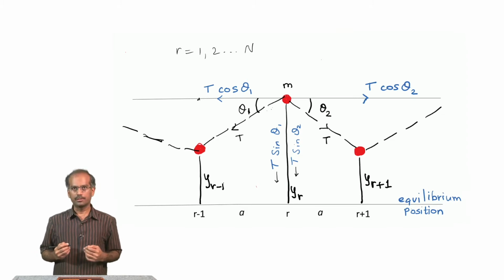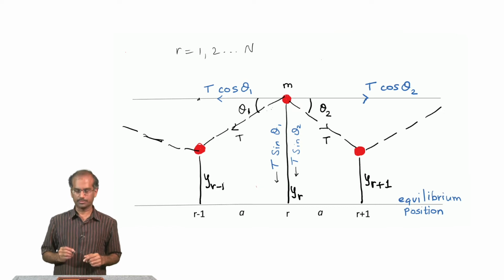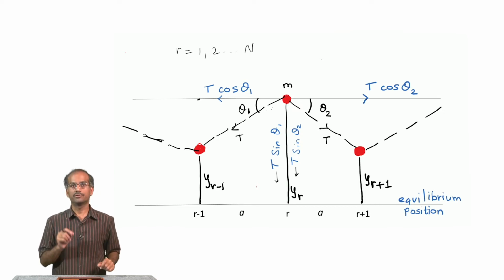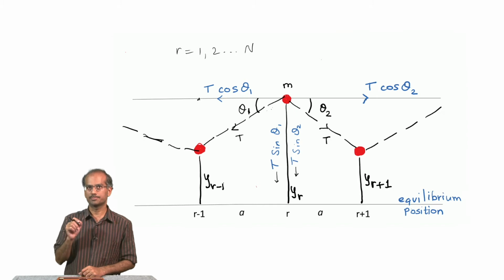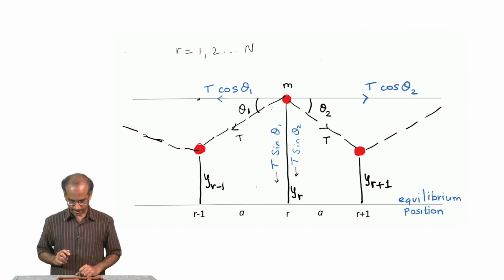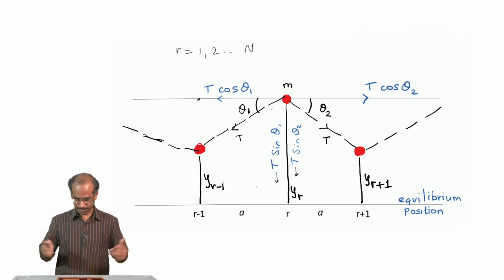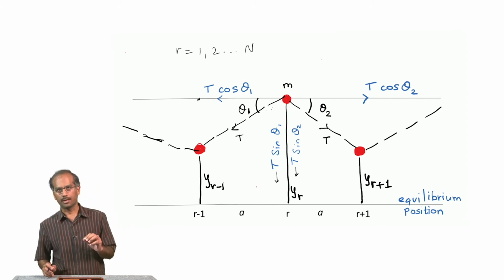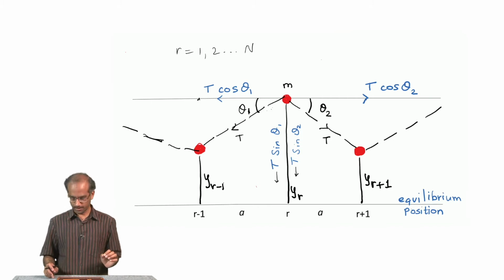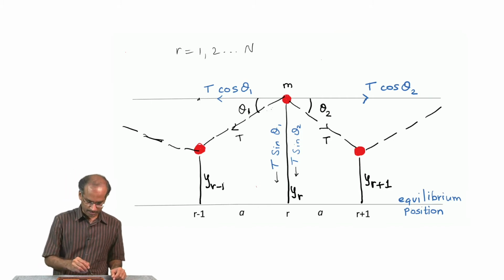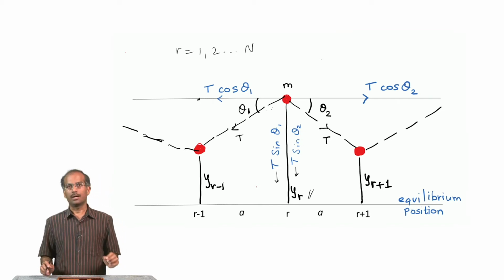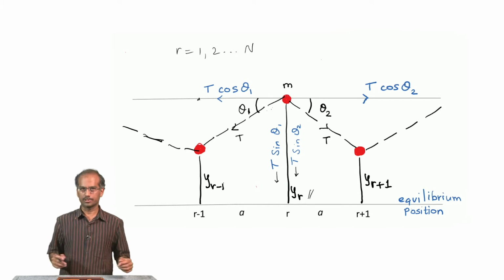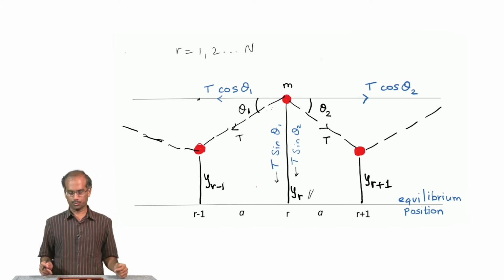We have denoted three possible displacements of the three particles, indexed by r, which also incidentally specifies the position of the particle in our assembly. y r minus 1 is the displacement of the r minus 1th particle, y r is the displacement of the rth particle, and y r plus 1 is the displacement of the r plus 1th particle.